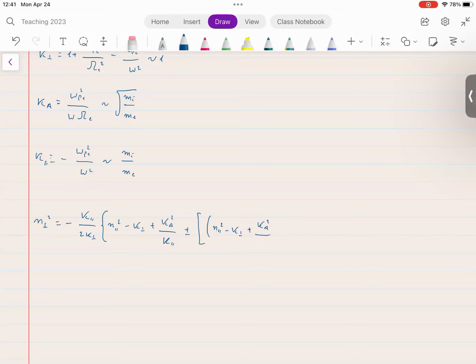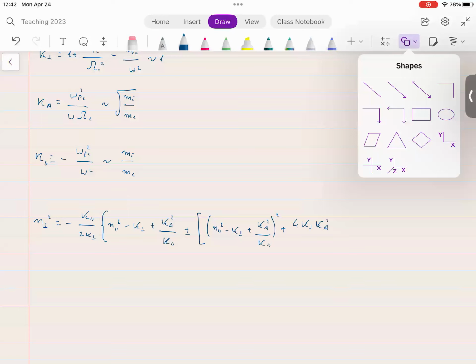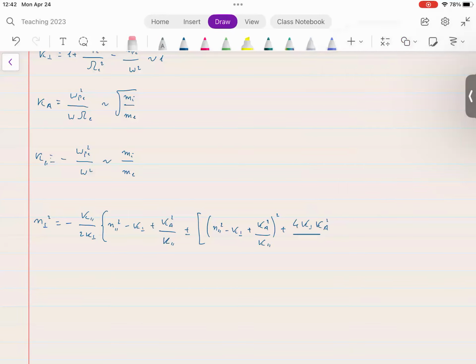I'm just writing results because we have very little time, but this you can definitely do. So this is B square, and this 4AC, which is 4K perp K A square divided by K parallel. These are under square root, so to the 1/2.